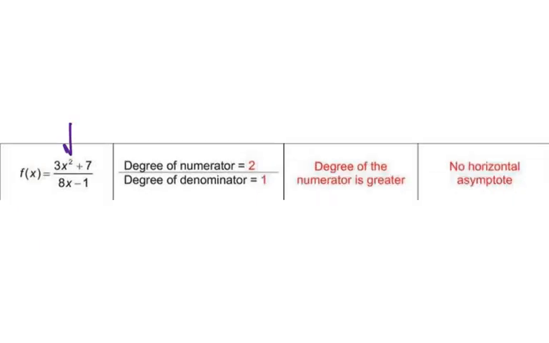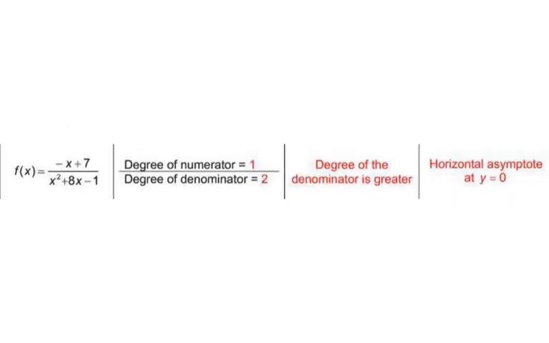Degree of the numerator is 2. Degree of the denominator is 1. The numerator is greater, therefore there is no horizontal asymptote. Degree of the numerator is 1. Degree of the denominator is 2. Denominator is greater, therefore your horizontal asymptote is at y equals 0.